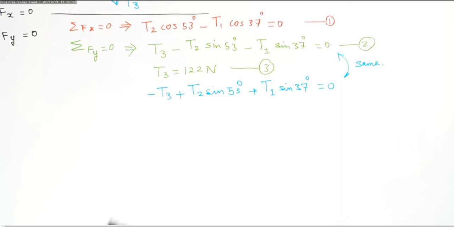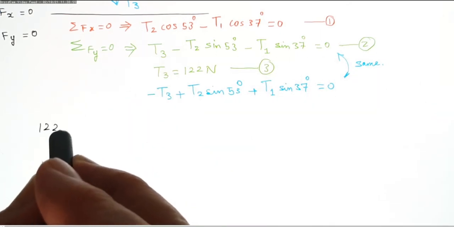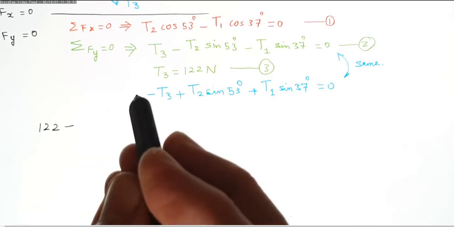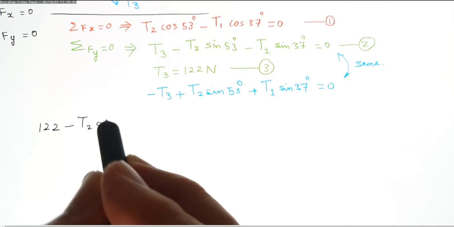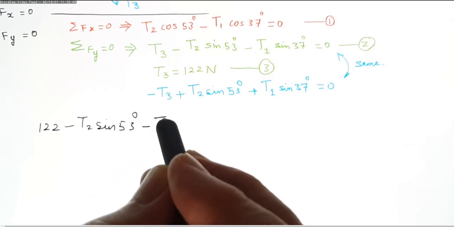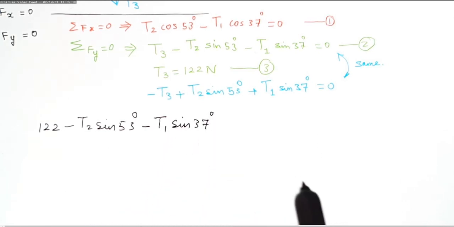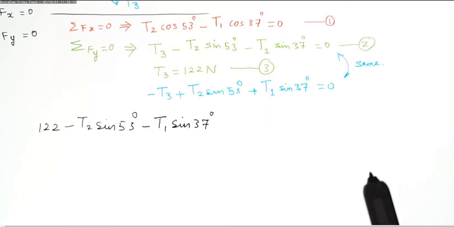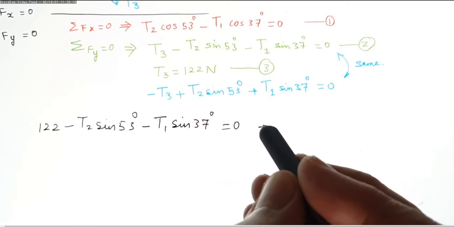So I will take equation 2: 122 minus T2 sine 53 minus T1 sine 37 is equal to 0.